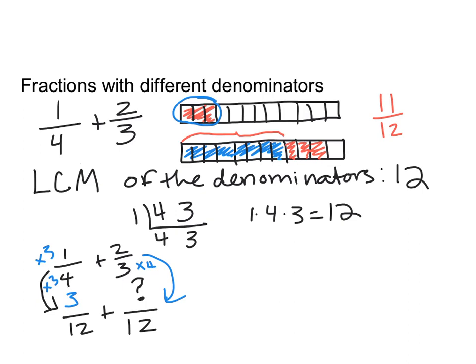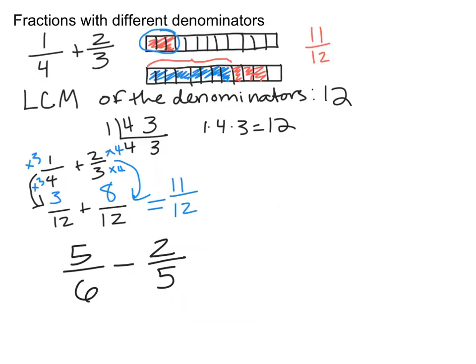And so then 2 times 4 would give you 8. And then now we can add them just like what we did last time. So 3 plus 8 gives us 11/12.